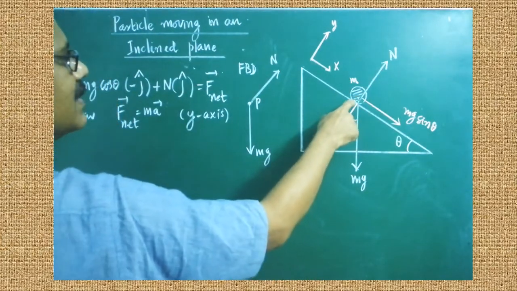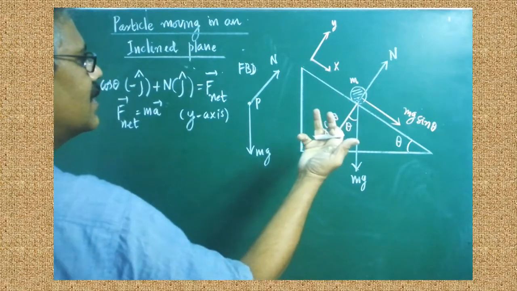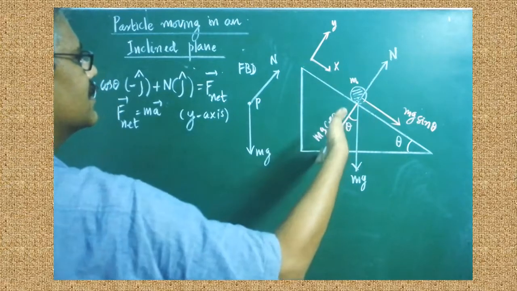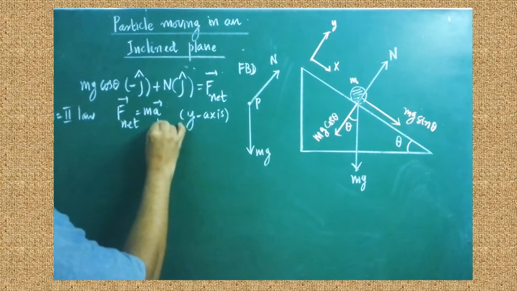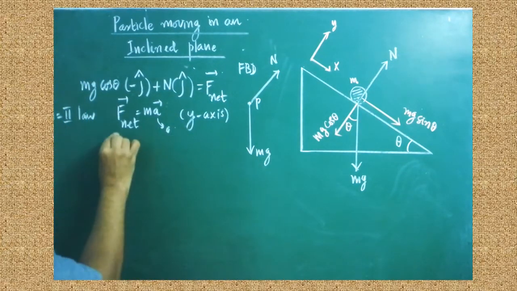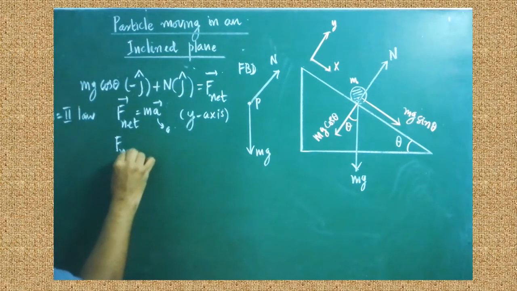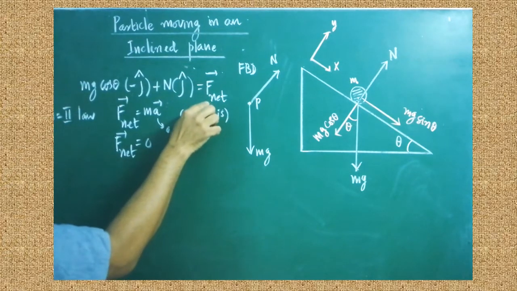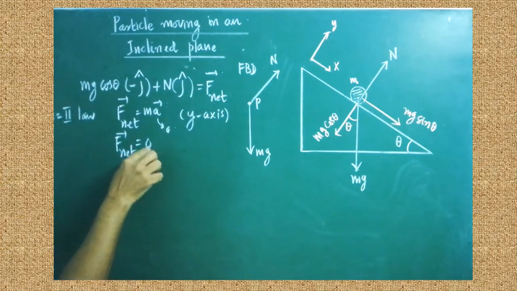Tell me whether the body is moving along the y axis. It can't move, because it is moving only in this direction. It can't move in this direction. Therefore the acceleration acting on the body is 0, and the net force acting on the body is also 0. So on the right-hand side, instead of F net you can substitute 0.